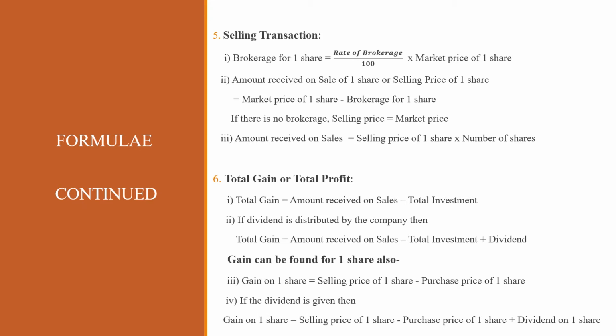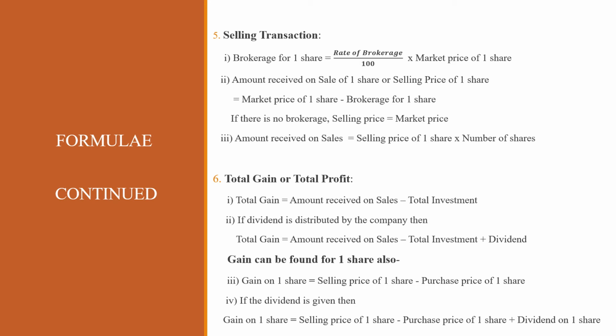For the selling transaction, one should go through the following three steps which are parallel to what we had done in the buying transaction. We first check for brokerage. Brokerage for one share is equal to rate of brokerage upon 100 multiplied by market price of one share.